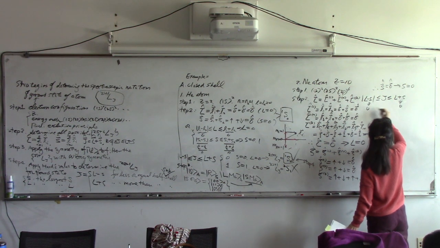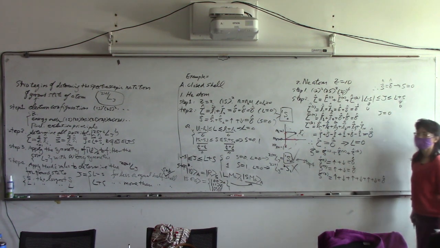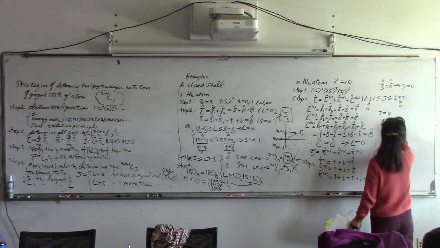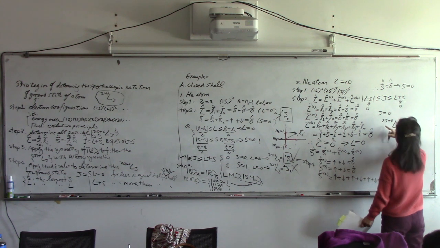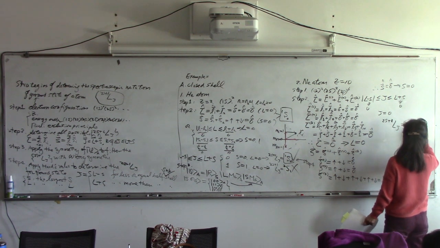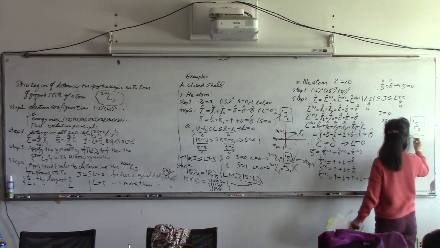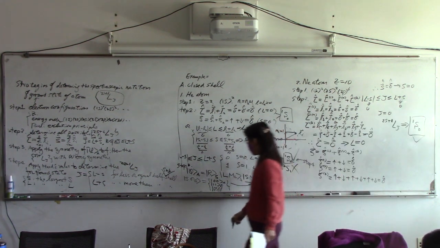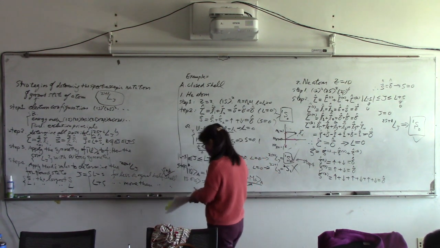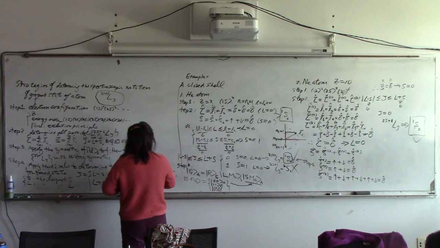This is also 0, so J is 0. And then S is 0, L is 0, S is 0, J is 0. That is the ground state spectroscopic notation of neon at ground state.